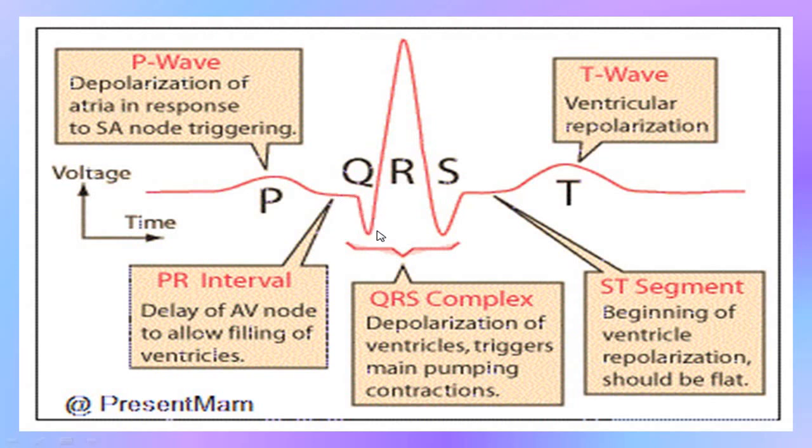There is a slight deflection, that is Q, then a spike R, and then again this deflection S. This is the time when the stimulus from SA node travels to AV node, that is atrioventricular node, and the depolarization of the ventricles occurs, or the stimulus reaches the ventricles, so the ventricles start contraction. Then this ST segment, this is the segment when the ventricles are contracting, atria are relaxing.